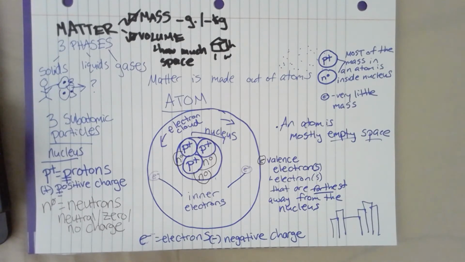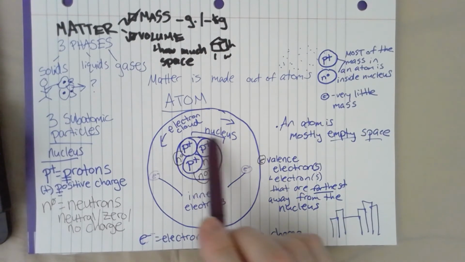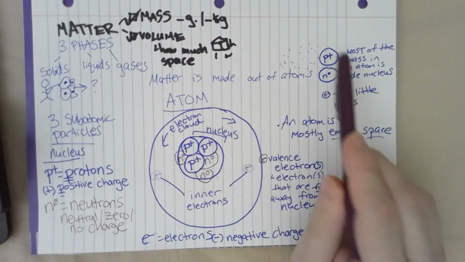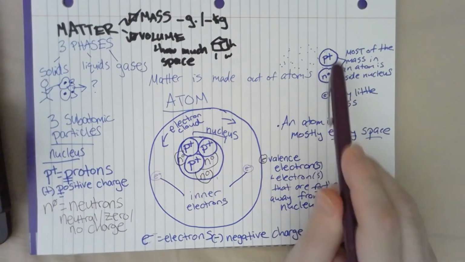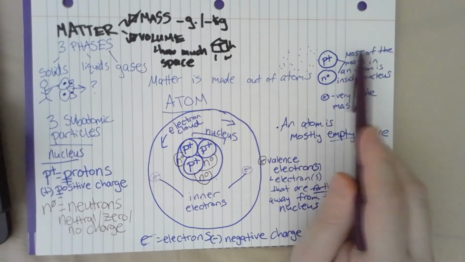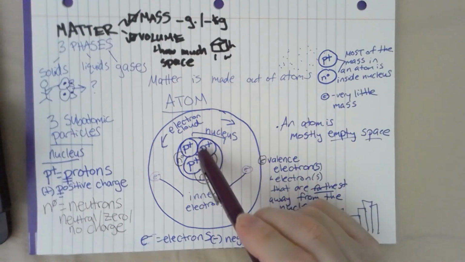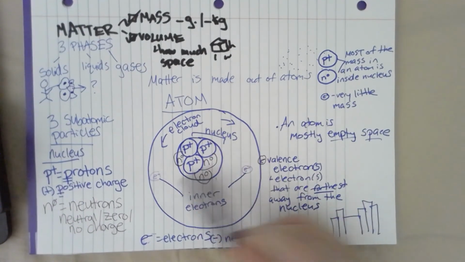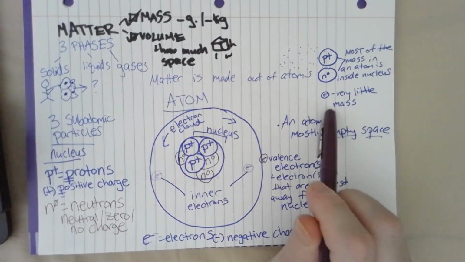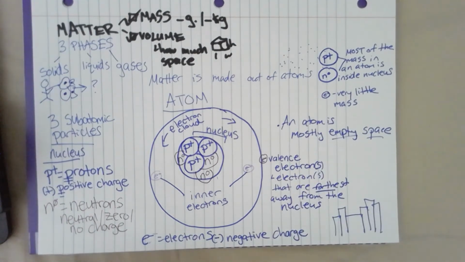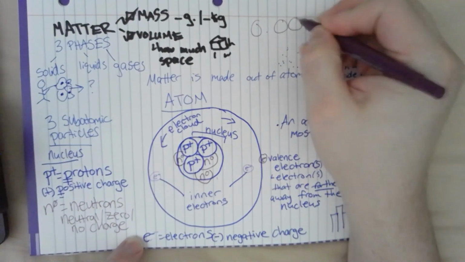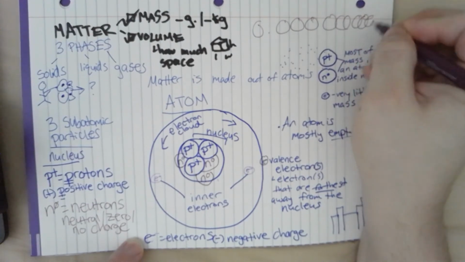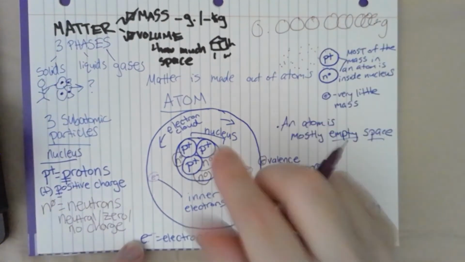Is it inside the nucleus or outside the nucleus? Very good. Remember, inside the nucleus, you have these big particles, protons and neutrons. So most of the mass of an atom is inside the nucleus. Electrons are very, very small. They have very little mass. They almost don't have a mass. Their mass is like 0.000000000 something grams. Very little mass.